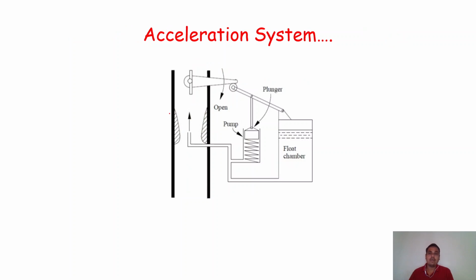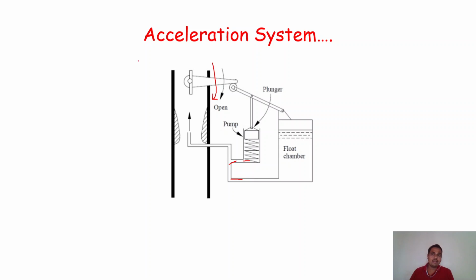Similarly, the next one is called the acceleration system. Again, the working is very much the same, only the arrangement is different. Now this is the mechanical linkage, a mechanical lever is there, and another mechanical lever and plunger-operated parts are present over here. A spring is there. As the air pressure acts on this lever, it will move in a downward direction, and it presses the plunger down. This is connected to the float chamber, where petrol is already present.